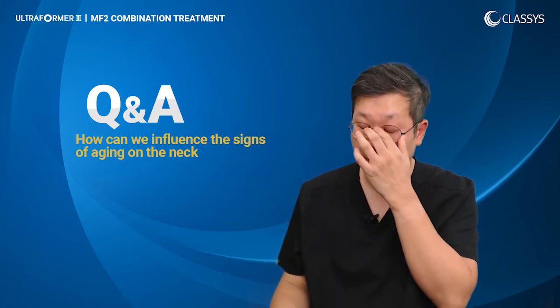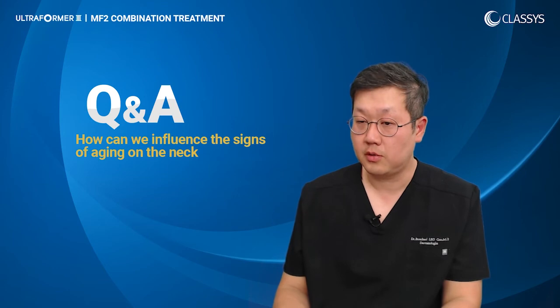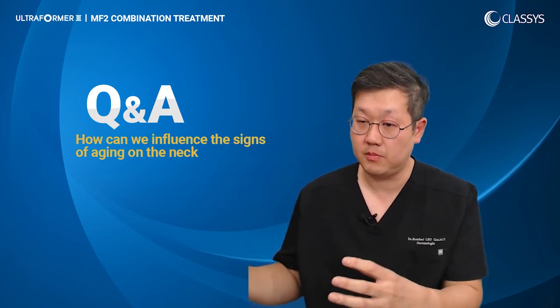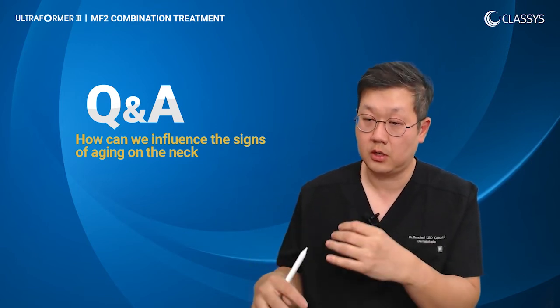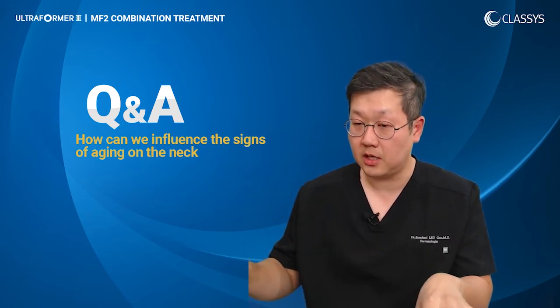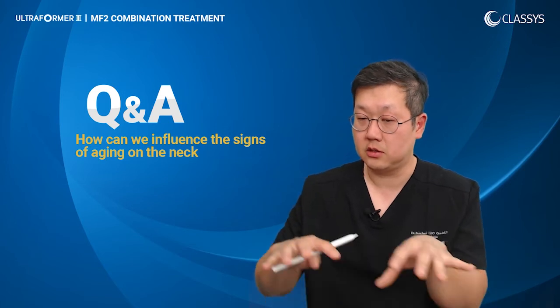That is just enough. For the non-cross-linked hyaluronic acid, we can use both of them mixed together for all the deficits, or we can divide them into the superficial area and the deeper area.